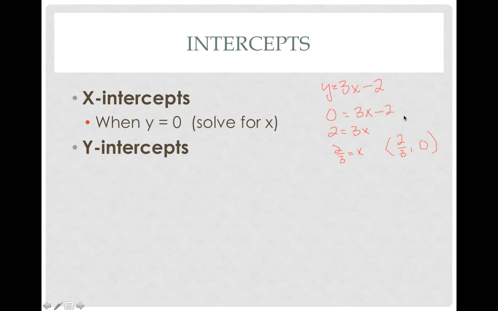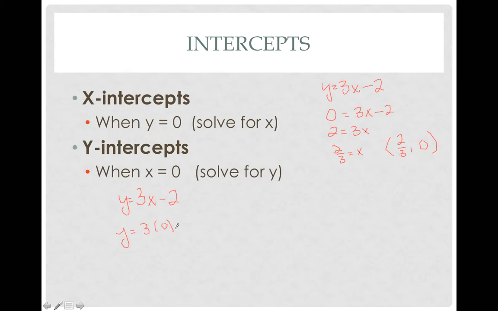And likewise for our y-intercepts is when we substitute x equals 0. So if we did that for the same equation, we got 3x minus 2. We want to find when x is 0. And I know you learned this in Algebra 1 somewhere along the line, but we just need to refresh our memories because it gets lost in the cobweb somewhere.